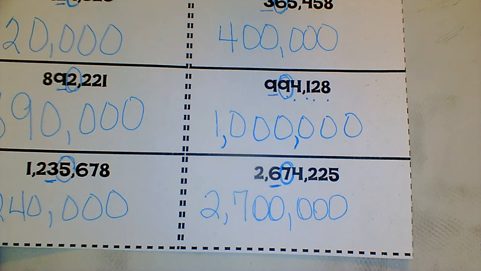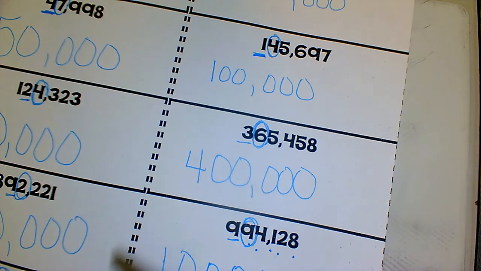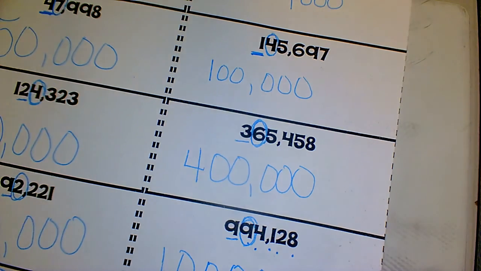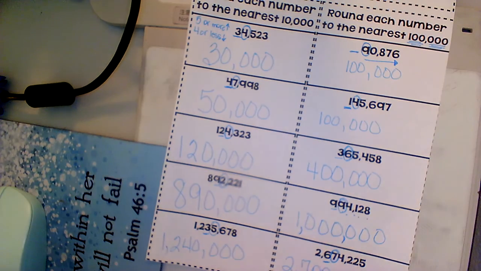Yep. All right, so you may not need to cut this because I did make it small enough to go into your journal. However, where you see the dotted lines right here, those are cutting places. So once you actually get it into your journal, everybody look up at the screen.